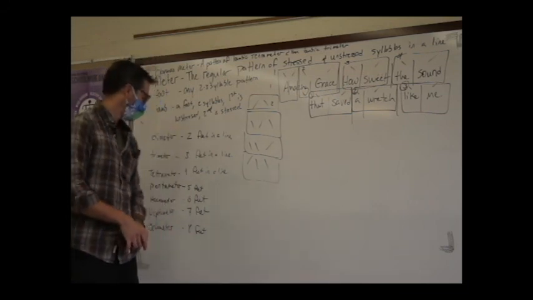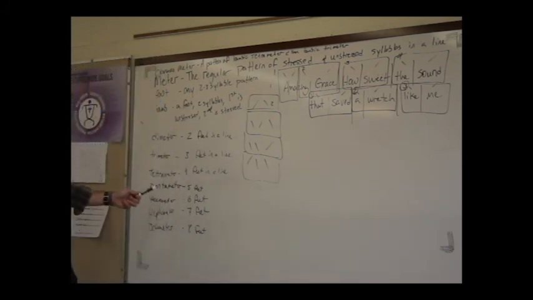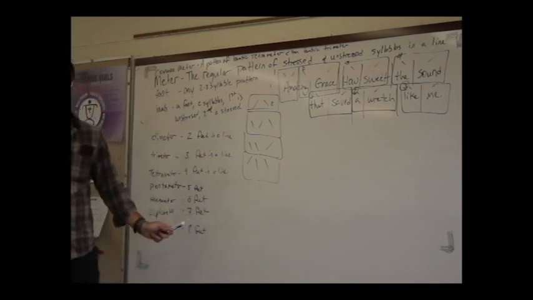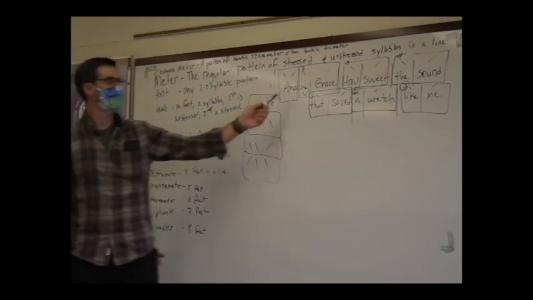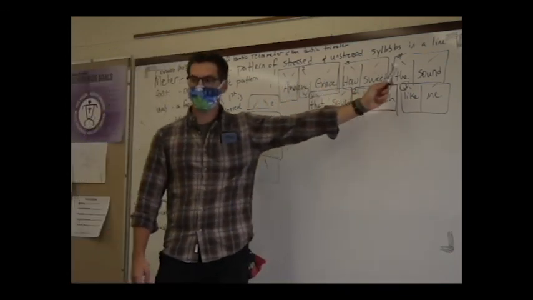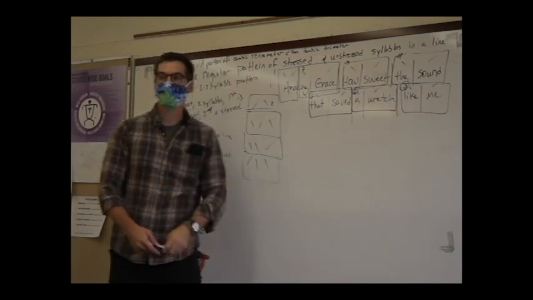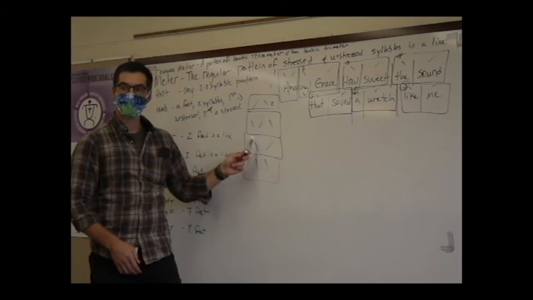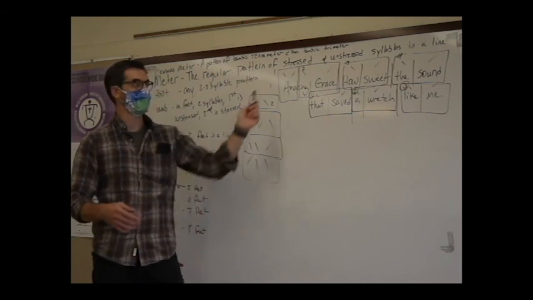All right, so notice again that these dimeters, trimeters, tetra, penta, hexa, hepta, and octameter are 2, 3, 4, 5, 6, 7, and 8 feet, not syllables, okay? So that one line of poetry could be like this one, tetrameter, 4 feet. But if the foot is not iambic, and it's a different pattern like this, then it's going to have more syllables, right?